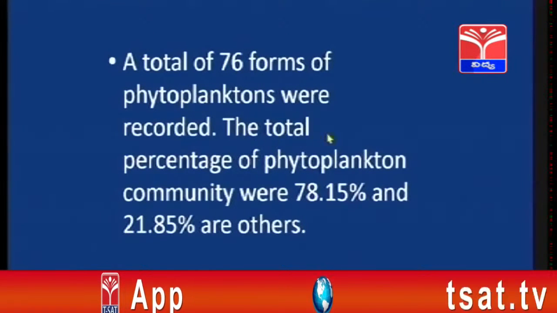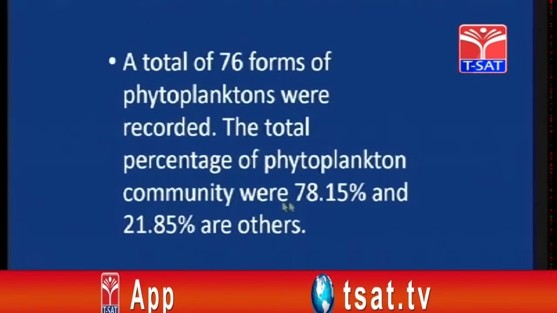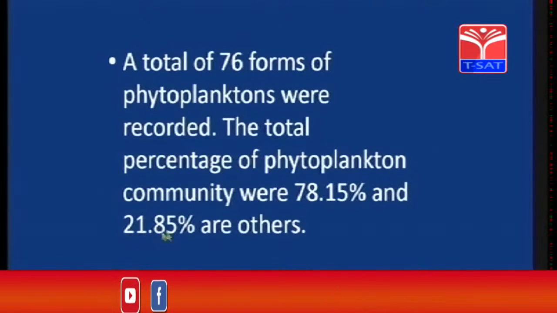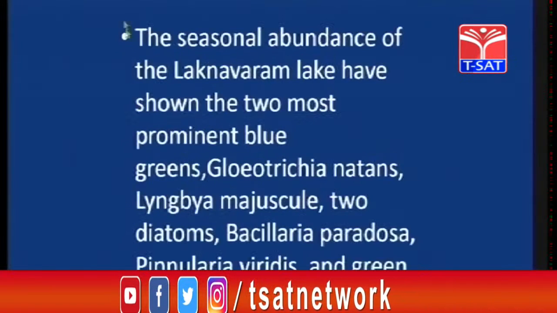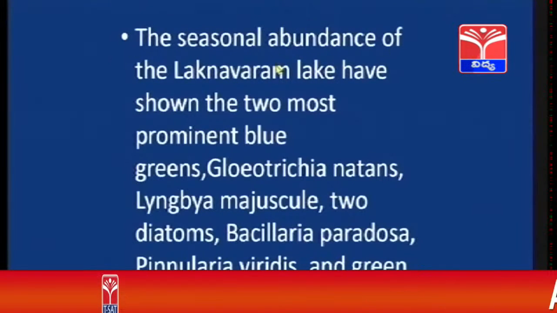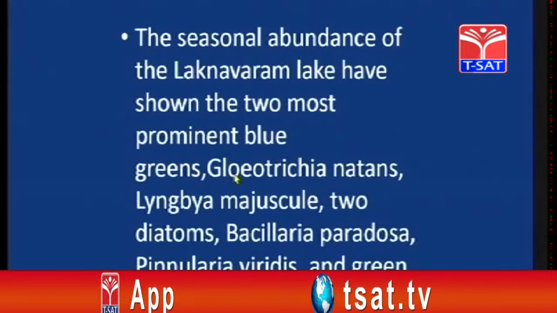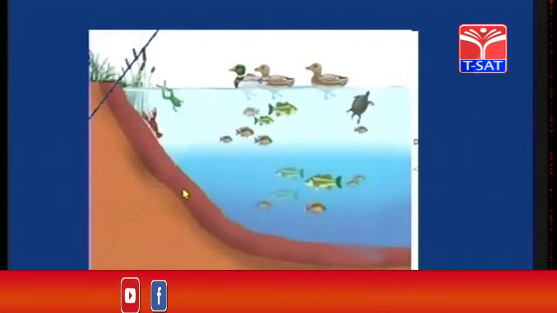So children, the total percentage of the phytoplankton community was 78.15% and 21.85% are others. So this is why Laknavaram Lake is enriched with algal forms. The seasonal abundance of Laknavaram Lake has shown the two most prominent blue-greens, and these types of algae are present in this lake, children. So children, this is the freshwater lake.